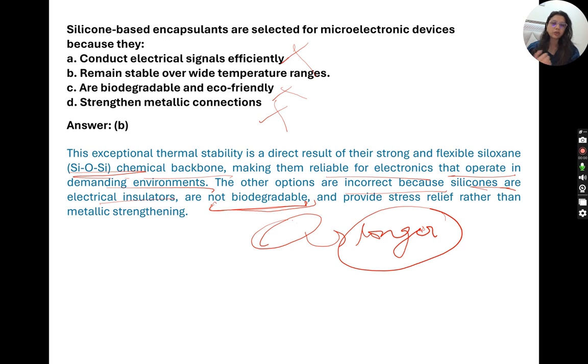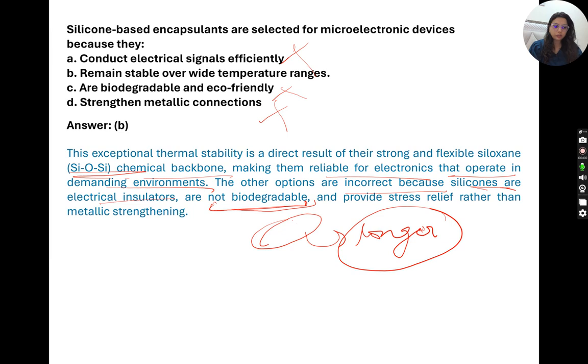We cannot recycle thermosets, of course, but because of their long use, we can use them for years and years, so one form can be used multiple times or for multiple years. That's how biodegradability has a little impact here compared to single-use plastics. And I hope this question is very easy as per the given concern and the topic.